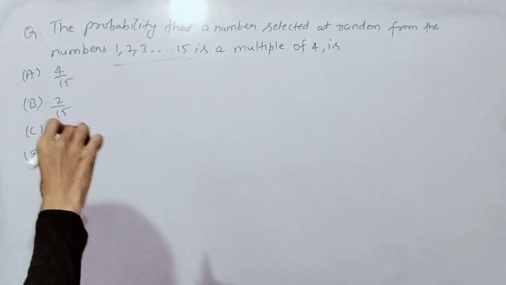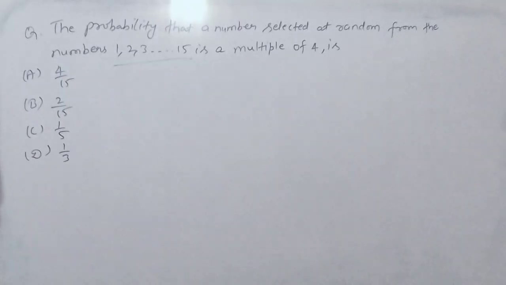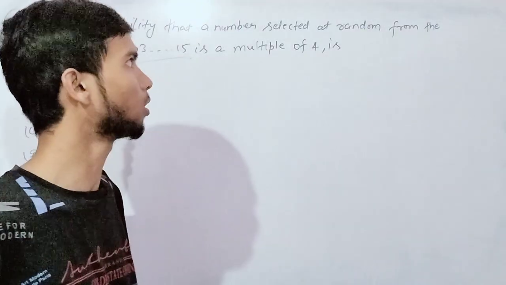The probability that a number selected at random from the numbers between 0 and 15 is a multiple of 4.